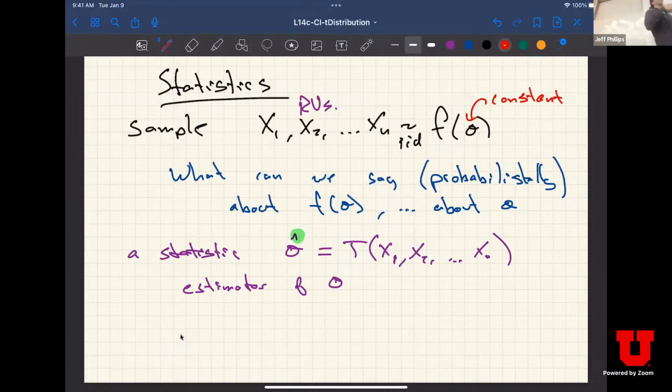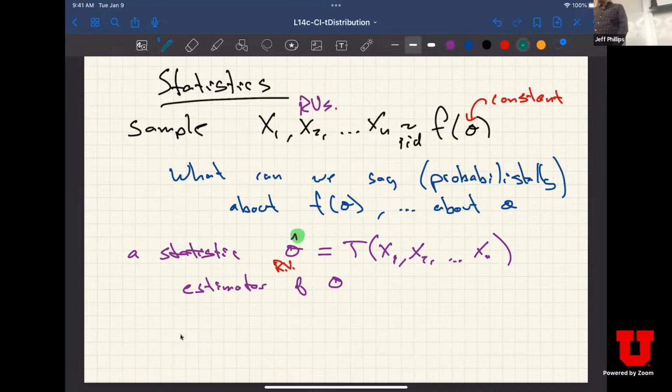It's something that's true. There's some unknown parameter theta, but it is a fixed value. Whereas theta hat is going to be a random variable, so it has a probability distribution.